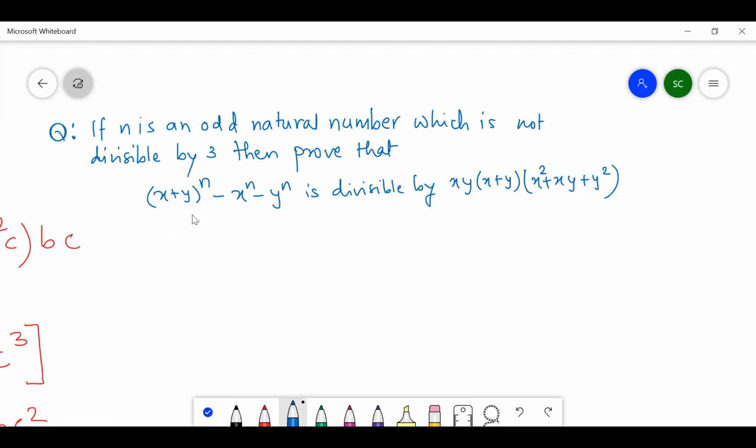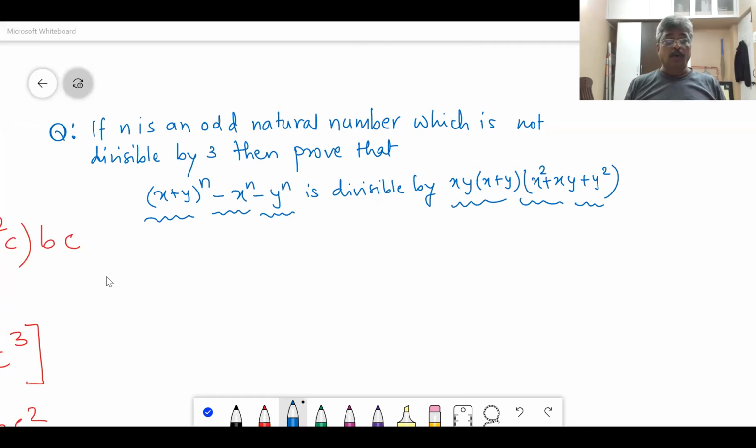If n is an odd natural number, which is not divisible by 3, then prove that this identity, x plus y raised to n minus x raised to n minus y raised to n, is divisible by this. Okay, I wait for some time.